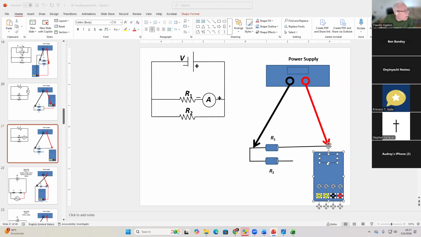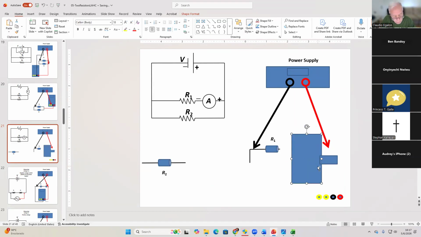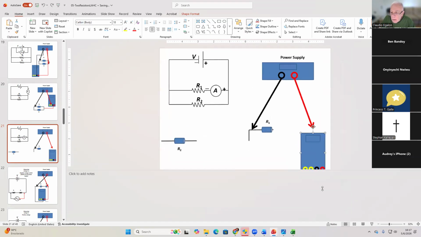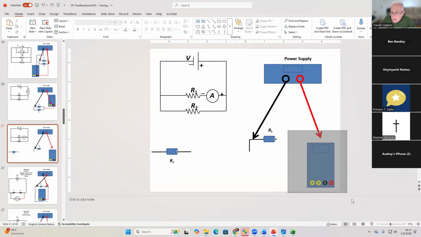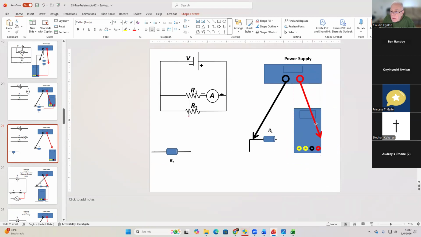Okay, so the way we do is the following. Let me remove this resistor first. Okay, and here you go. Group everything. Good. Here you go. Yeah, like that.